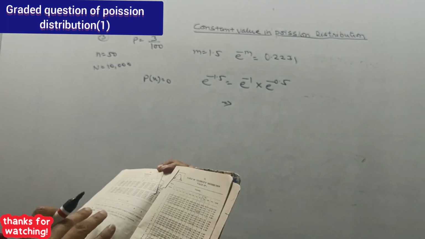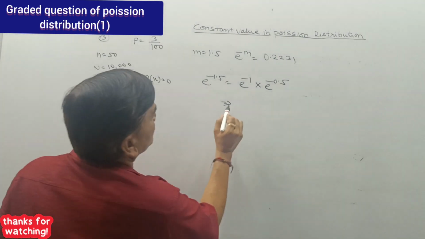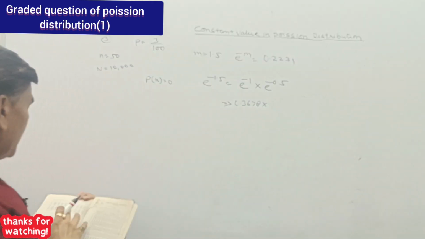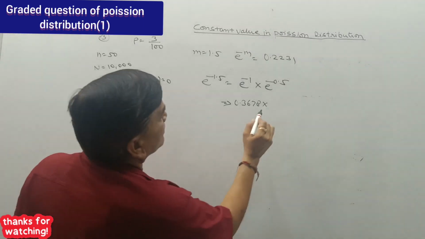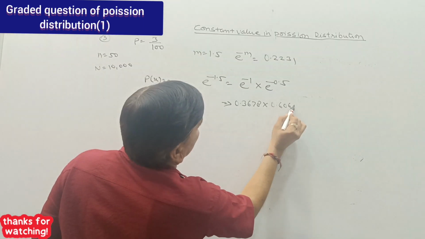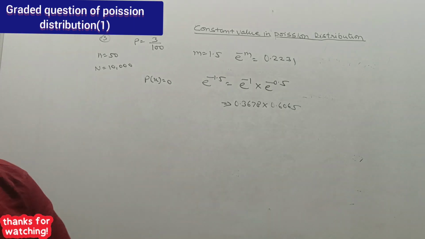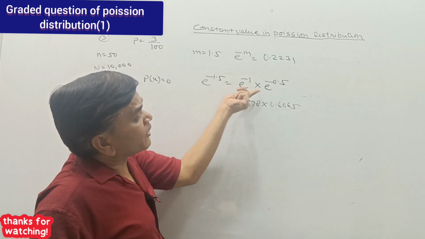For 1, the value is 0.3678, and for 0.5, the value is 0.6065. If 1.5 is not directly available in the table, then we can split it into 1 and 0.5.